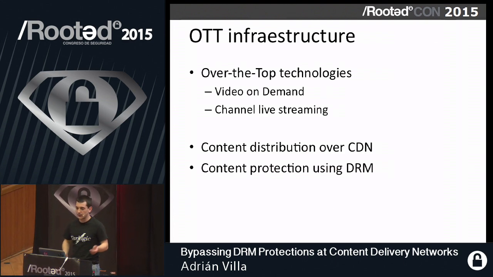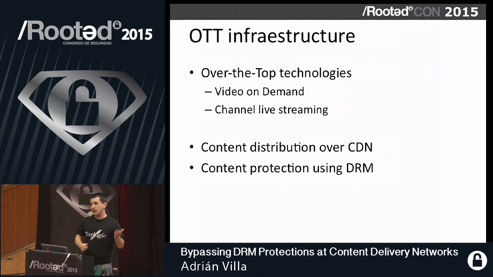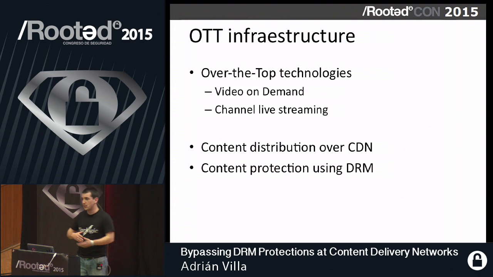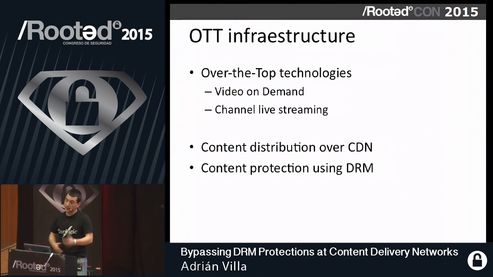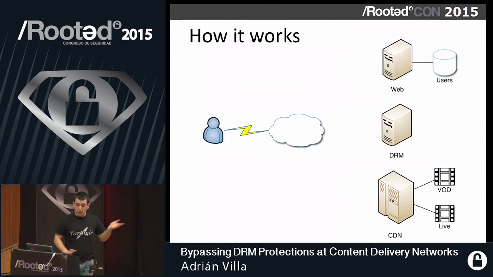You just go to the website, select the series, and that's it. And then other platforms do live streaming. They use CDN networks for that, and they protect the content by using DRM.